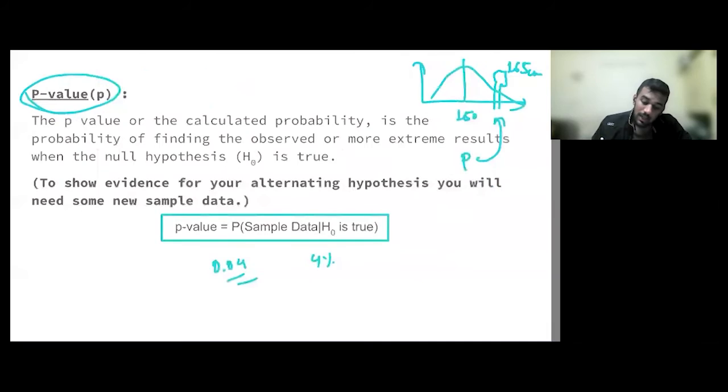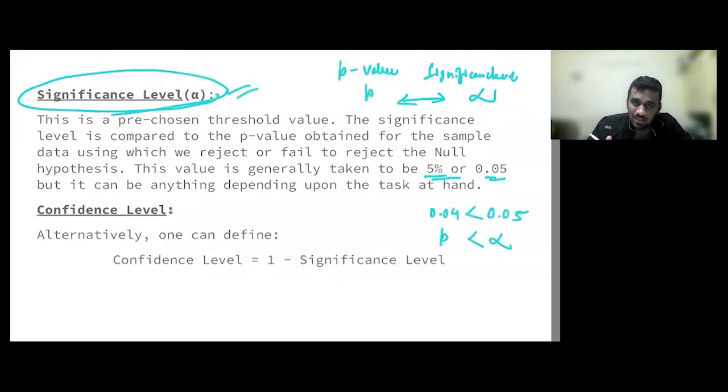So the probability that this particular 165 centimeter or more, like taller people existing at that particular place, the probability is less. So we can infer from this that our null hypothesis is not holding anymore. So that means our alternate hypothesis may be correct.